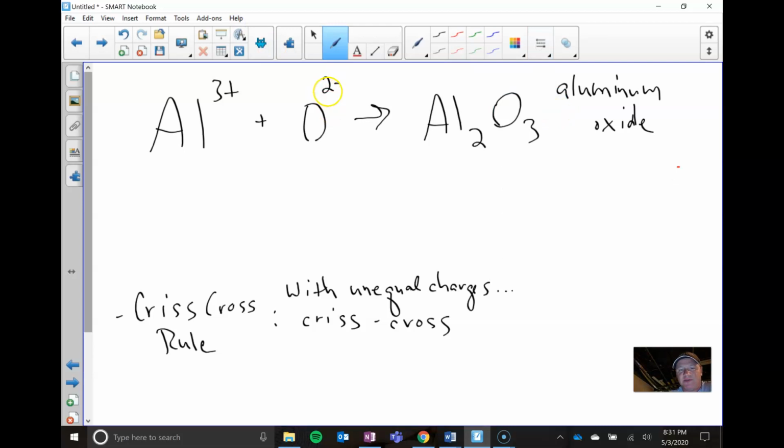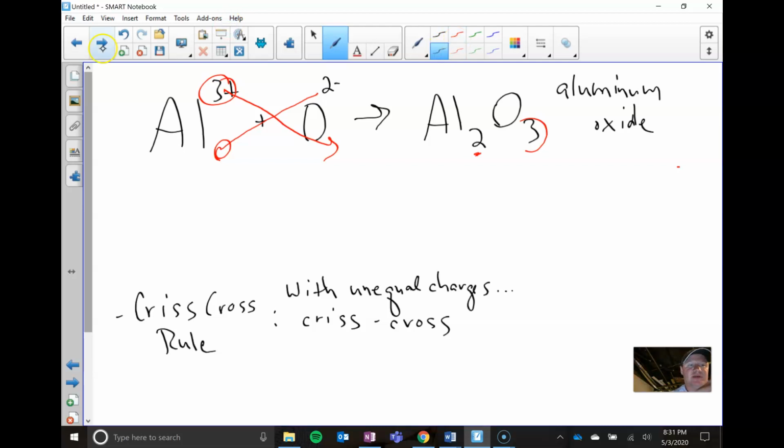See how this oxygen has a -2 as a superscript? That 2 would come down here and become the subscript over here. Likewise, that 3 that's up there as a superscript, or the charge for aluminum, comes down here and becomes the subscript for that oxygen. That works 100% of the time. Okay, 100% of the time.